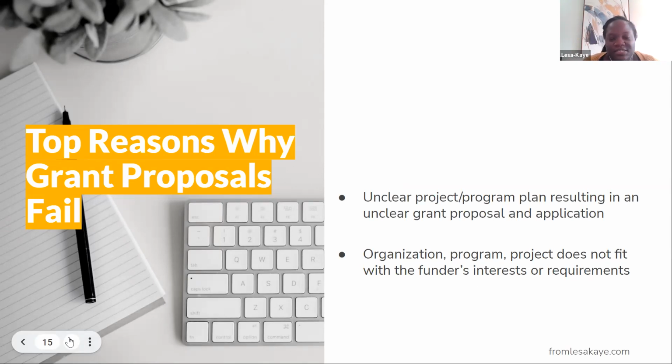One of the things that I tell my grant writing clients is, if it's not planned well, it's not going to be written well. So having a clear plan helps whoever is writing it, whether it's you or you hire a grant writer, to have a clear grant proposal and application.